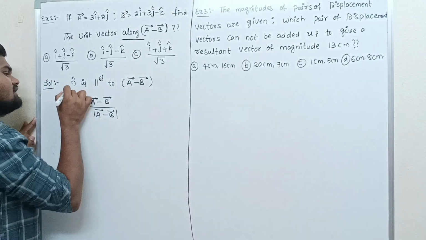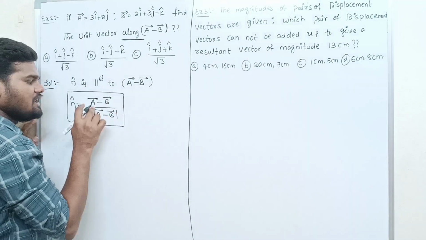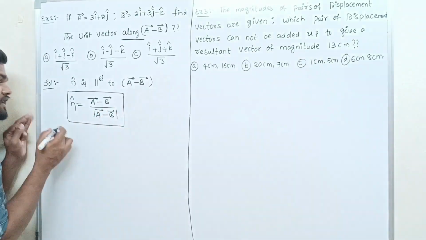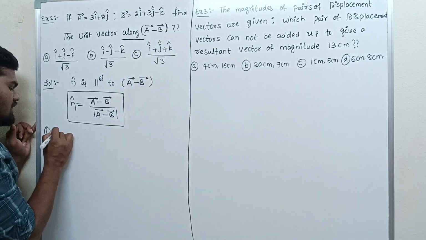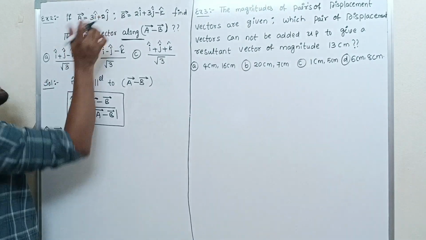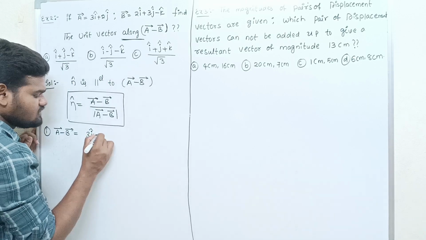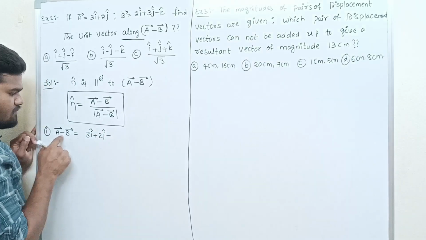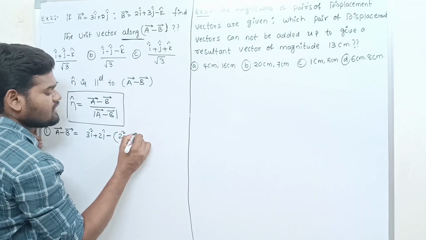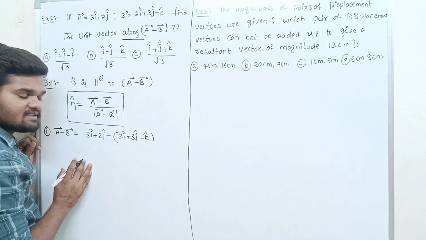Okay. In this formula, we have to substitute the value of A bar minus B bar and the magnitude of A bar minus B bar. So first I am going to find the A bar minus B bar value. What is the vector A bar they have given? 3i cap plus 2j cap minus, what is the B bar vector they have given? 2i cap plus 3j cap minus k cap. Have a look.